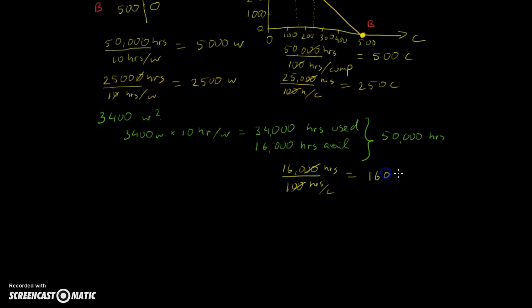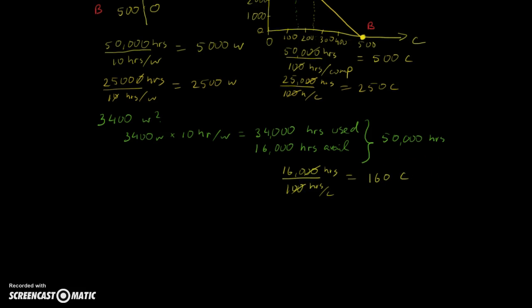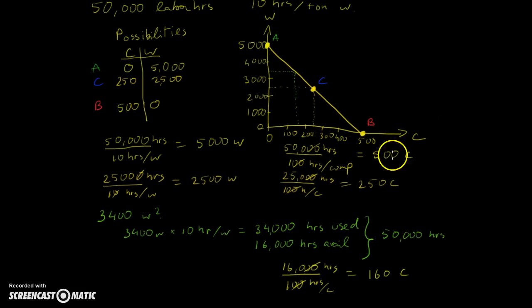160 computers. All right. So what we have learned is that if the US wants to produce 3,400 tons of wheat, it can also produce 160 computers. So we can write this possibility in here: 3,400 tons of wheat and 160 computers simultaneously.